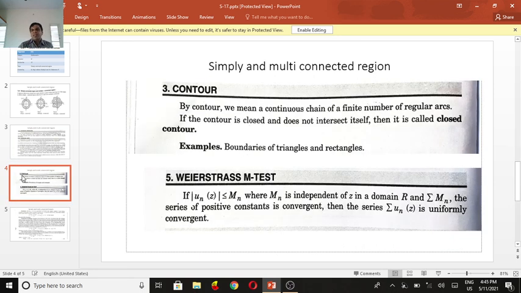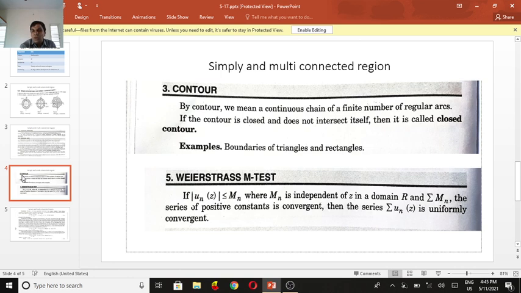Now, simply connected regions. We already know from the previous slide what a contour is. By contour, we mean a continuous chain of a finite number of regular arcs.